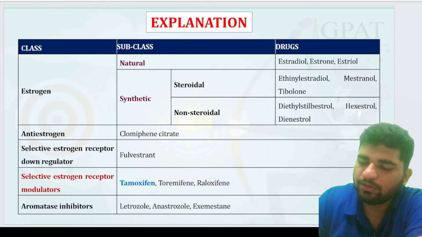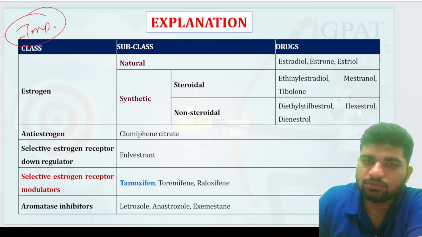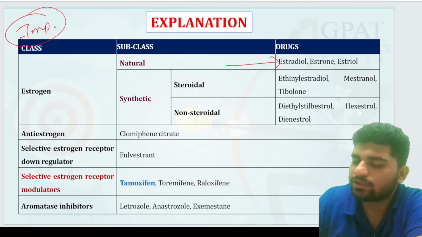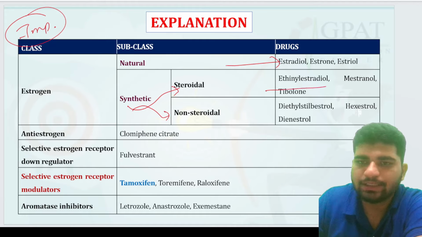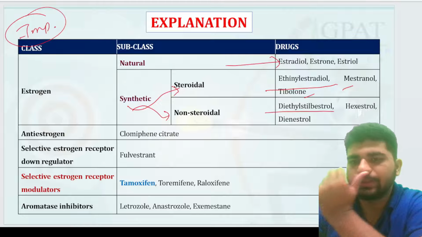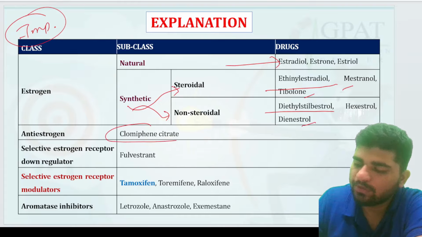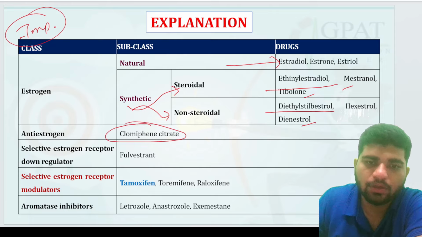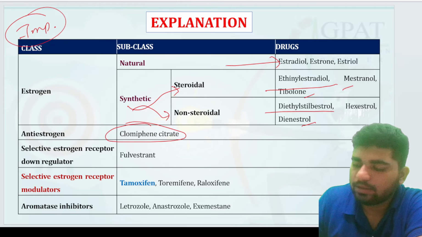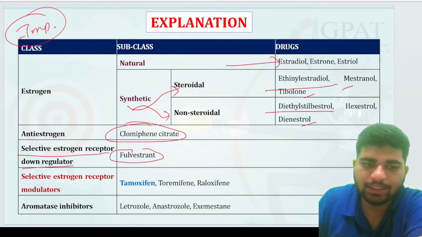This one is very important for you guys. Estrogen natural is estradiol, and synthetic means steroidal as well as non-steroidal. Steroidal: ethinyl estradiol, mestranol, and tibolone. Non-steroidal: diethylstilbestrol, hexestrol, or dienestrol. Anti-estrogen is clomiphene citrate. Selective estrogen receptor downregulator is fulvestrant.